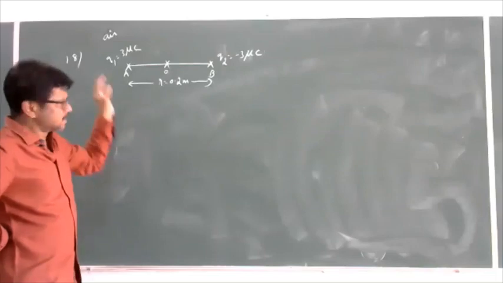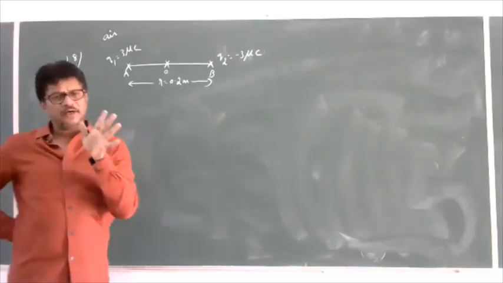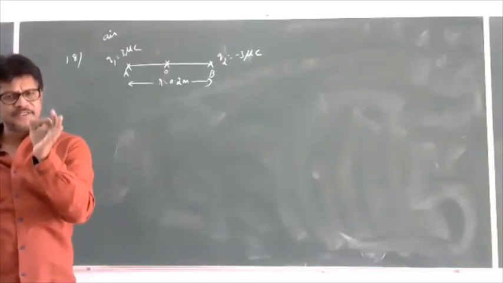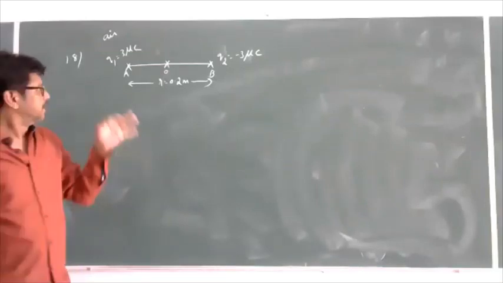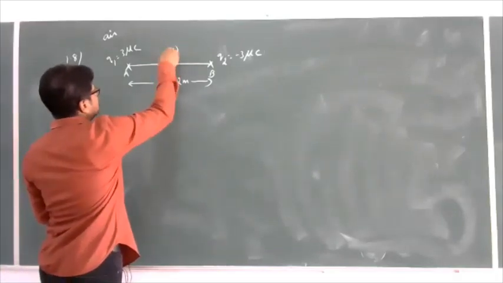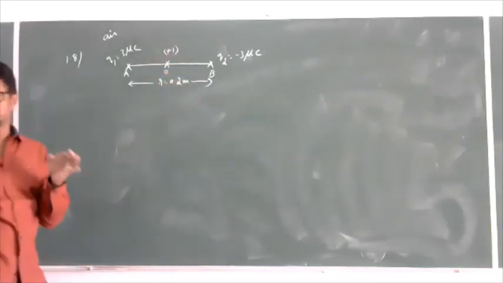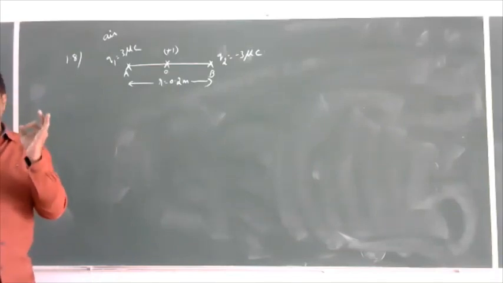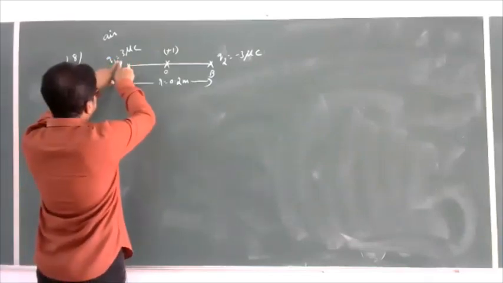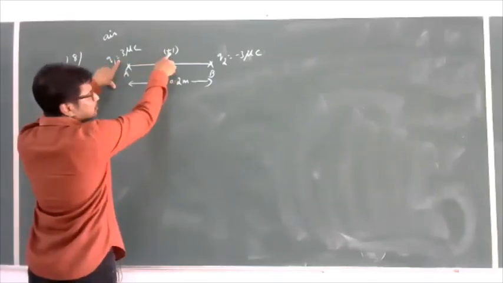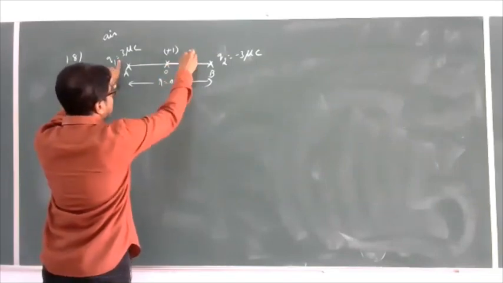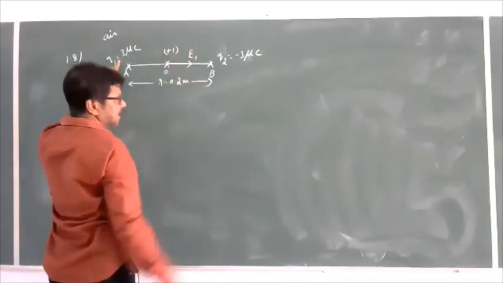As we know, whenever you want to find the electric intensity at any point, at that point we need to imagine one unit positive charge. Now Q1 is positive and here positive, so the electric intensity E1 will act in this direction.